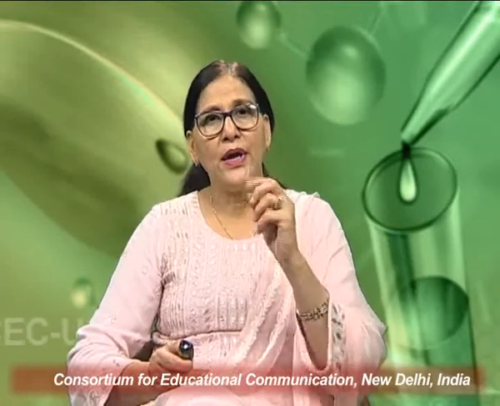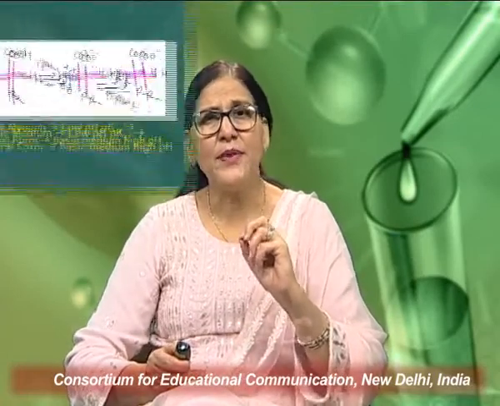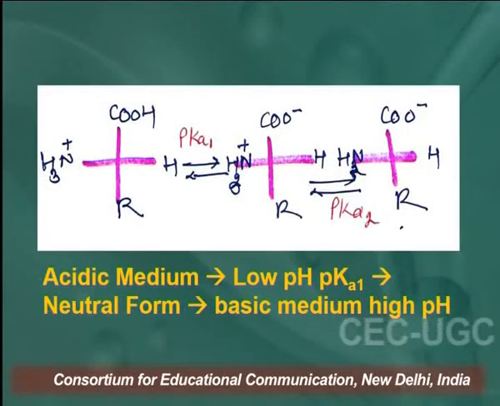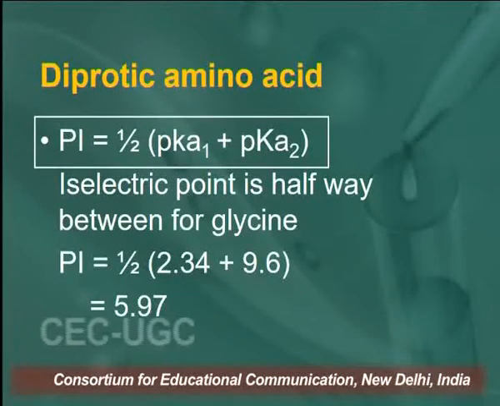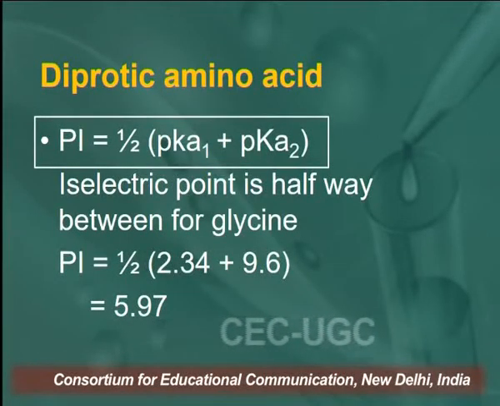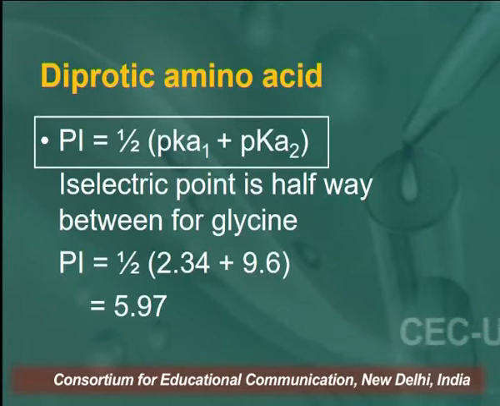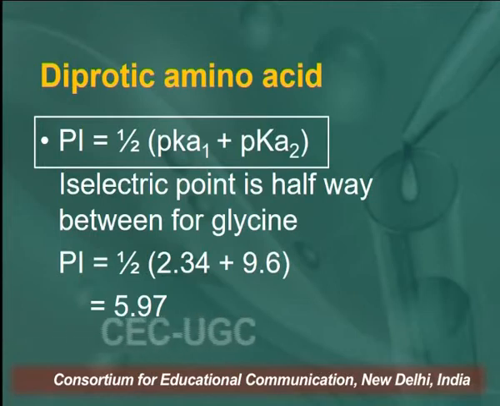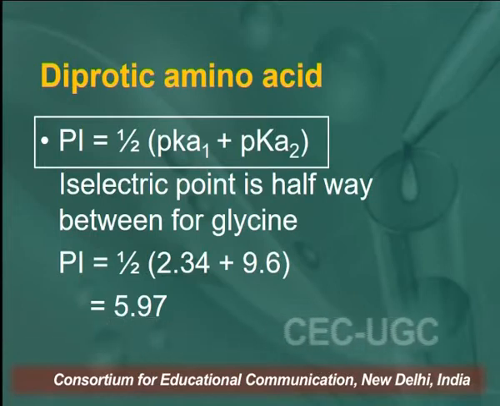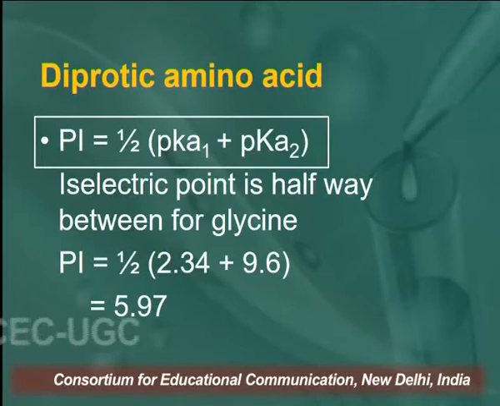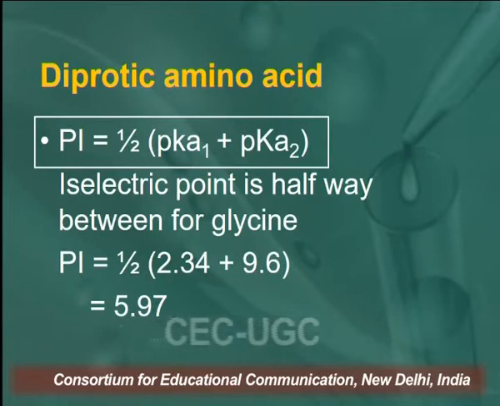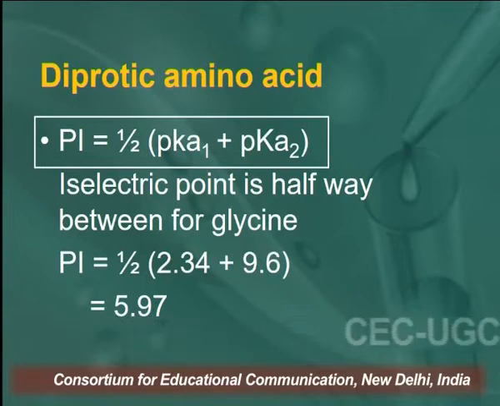Here, acidic medium means low pH value, and in neutral form, basic medium means high pH. So for diprotic amino acids, pI will be half of pKa1 plus pKa2. These are the pKa values. The isoelectric point is halfway between them, as I have discussed for glycine. In the previous slide you saw that glycine has a pKa1 value of 2.34 and a pKa2 value of 9.7.